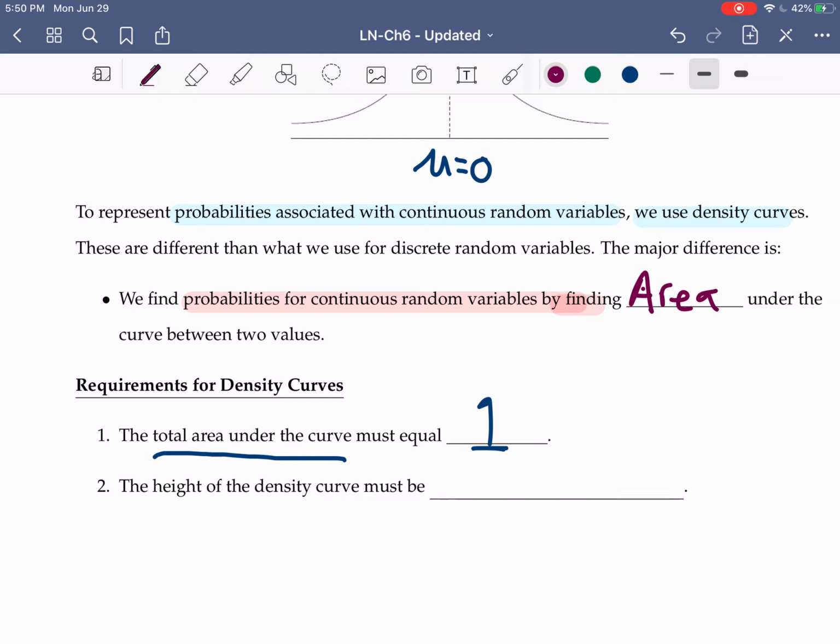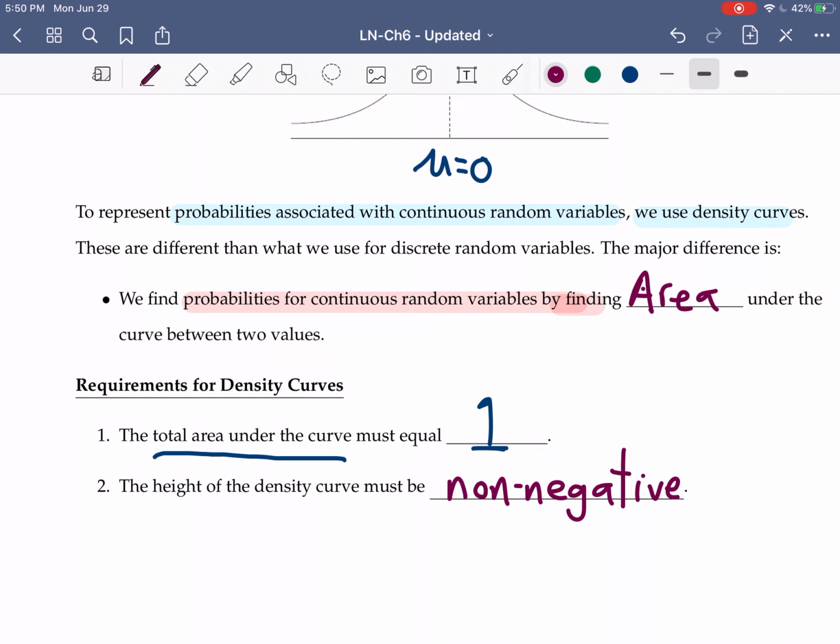The second thing that has to happen is the height of the density curve must be non-negative. And that sounds like a strange way to say that it should be positive. Well, it's not strange because it means it's positive or it could be 0.